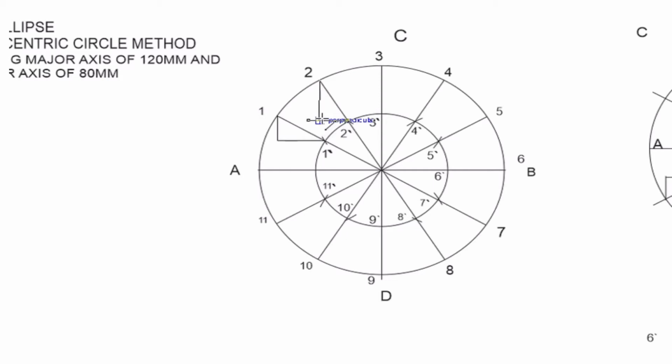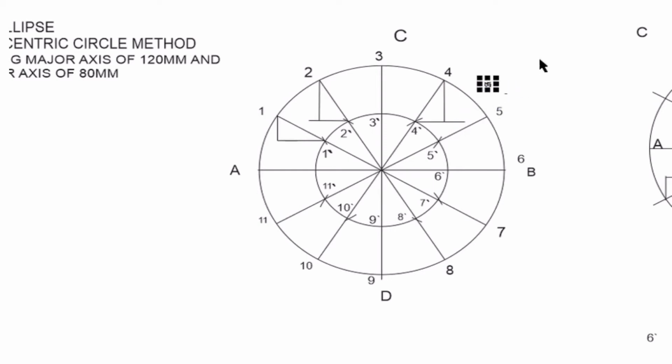All right, we continue on to point 4. Also, we have to draw a vertical line here and a horizontal line. That's from point 4. Then from point 4 dash, a horizontal line. Where they intersect is where we generate our point.